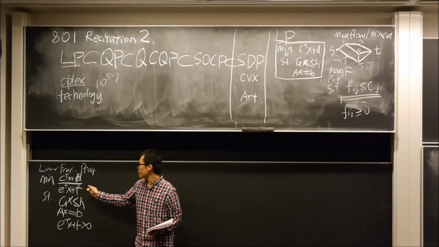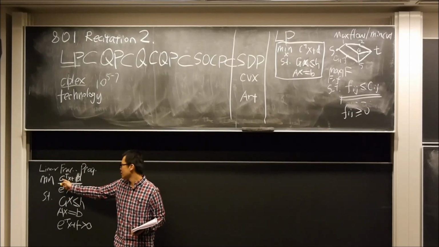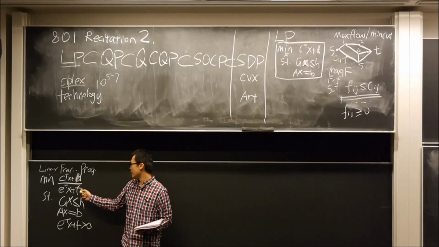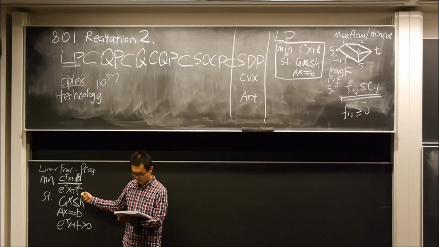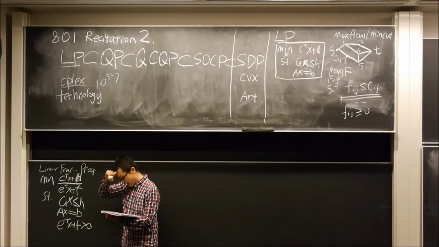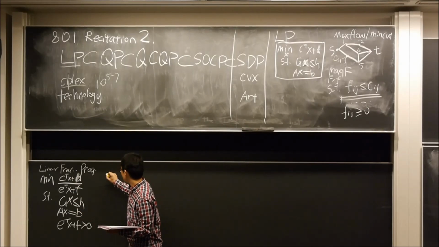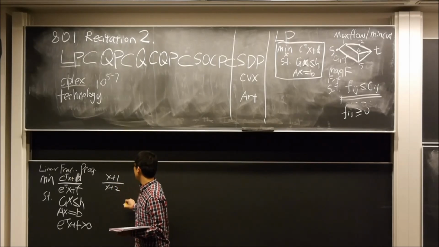Just to give an example, suppose we take x to be one-dimensional and take c and e to be just 1, and then we take f to be 2 and d to be 1. So this is (x+1)/(x+2), right?